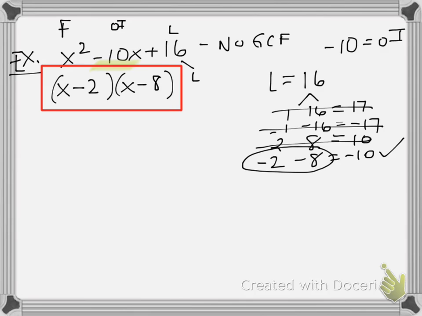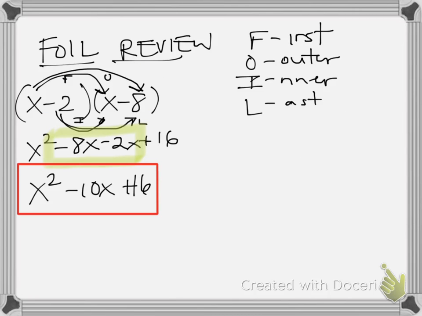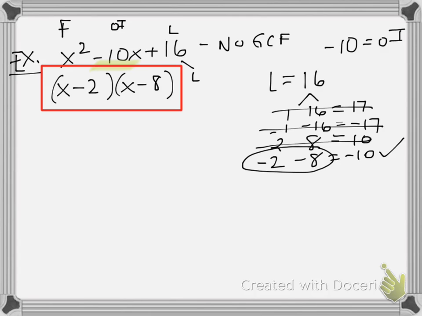Now, if I check my work, which you should remember because that was the problem we did earlier, that's what I did to FOIL right here. Same problem, right? But let's go ahead and check our work. If we want to check our work, we just go back and redistribute it. x times x is x squared. x times negative 8 is negative 8x.